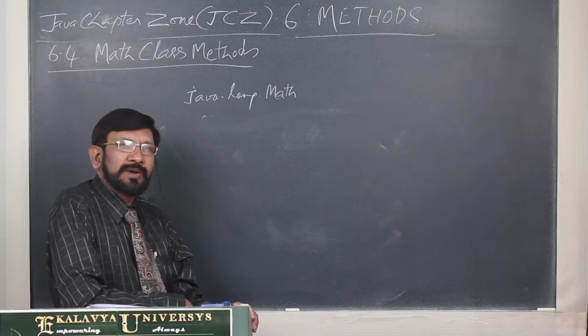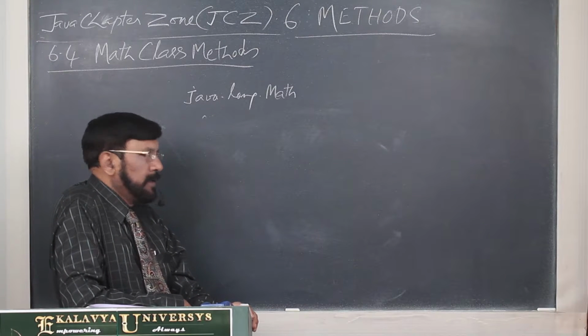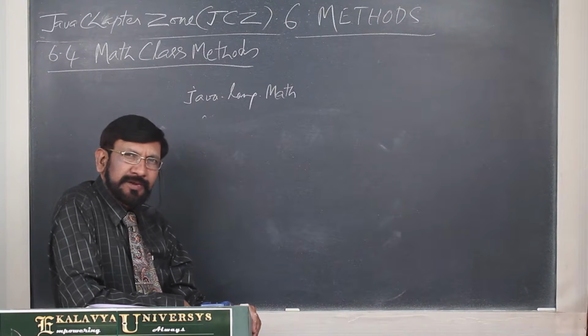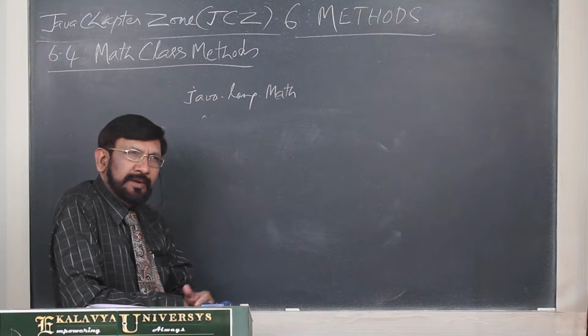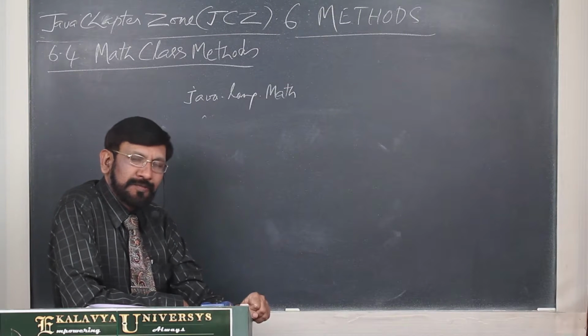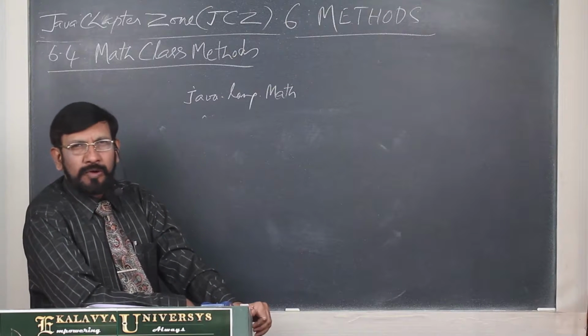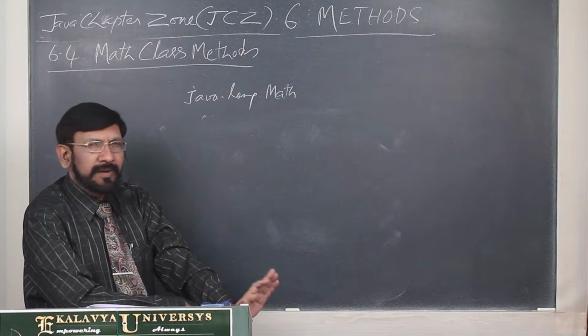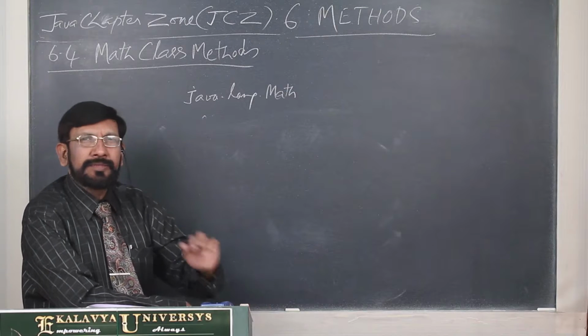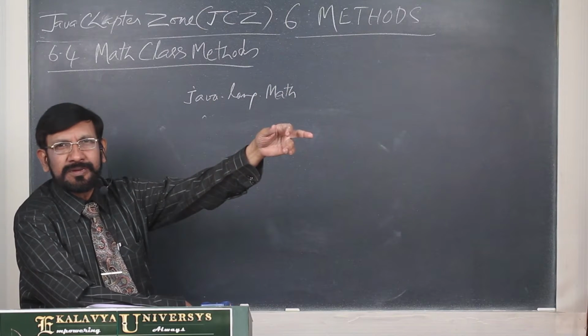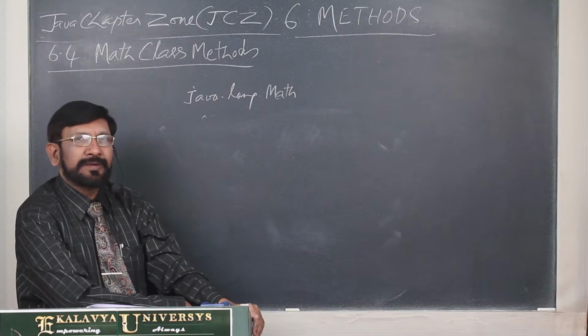And one more important point is that all these mathematical methods take a double type argument. If you don't give a double type argument, it does not lead to any error. It is promoted to double first, thereafter evaluation is made.